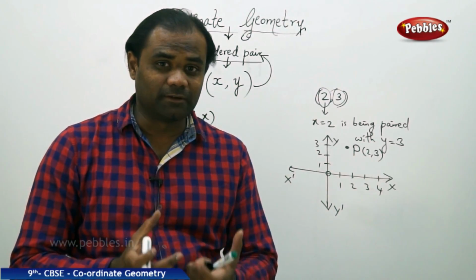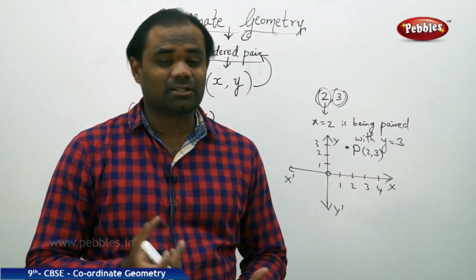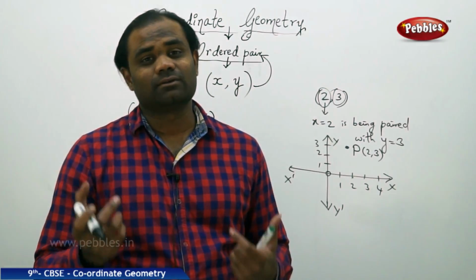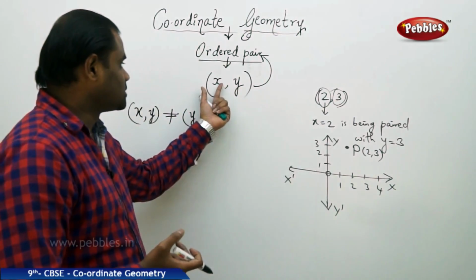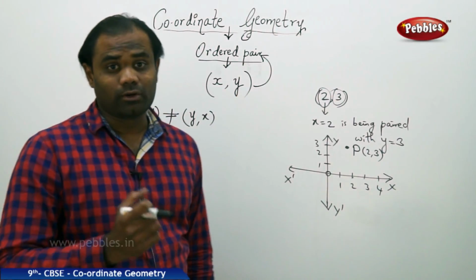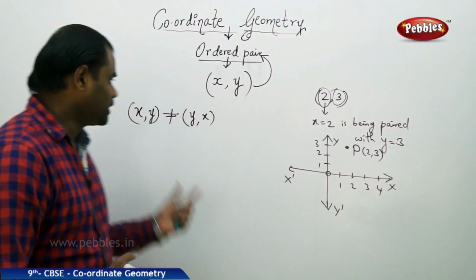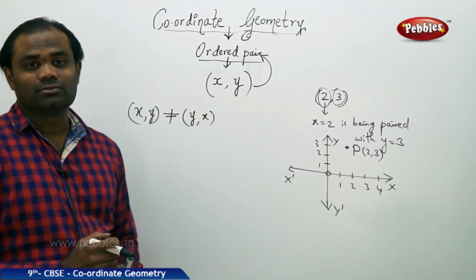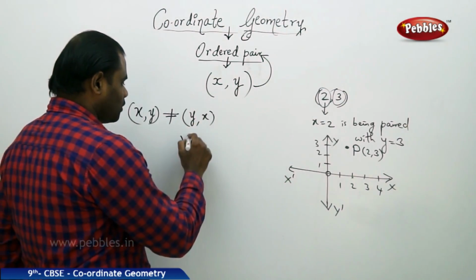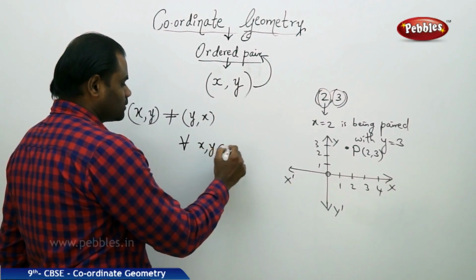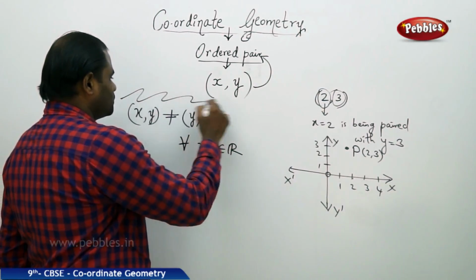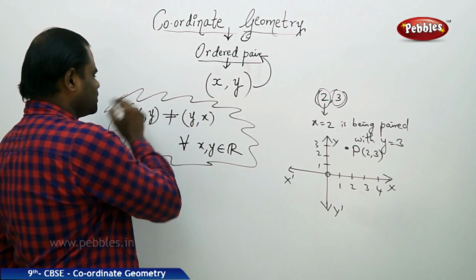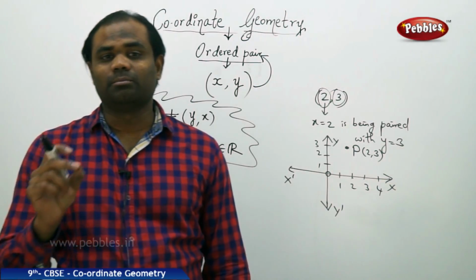The first value refers to the x coordinate and the second value refers to the y coordinate. Abscissa and ordinate are ordered, and (x, y) cannot be equal to (y, x) for all x and y belonging to R. This is how I understand the properties of ordered pairs.